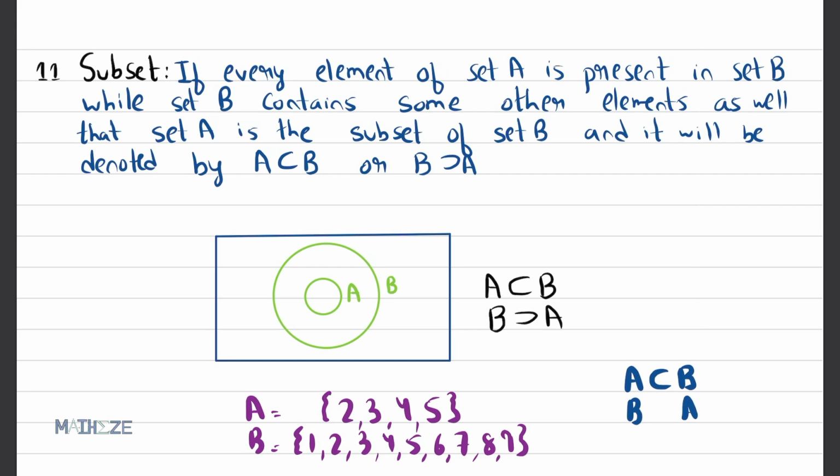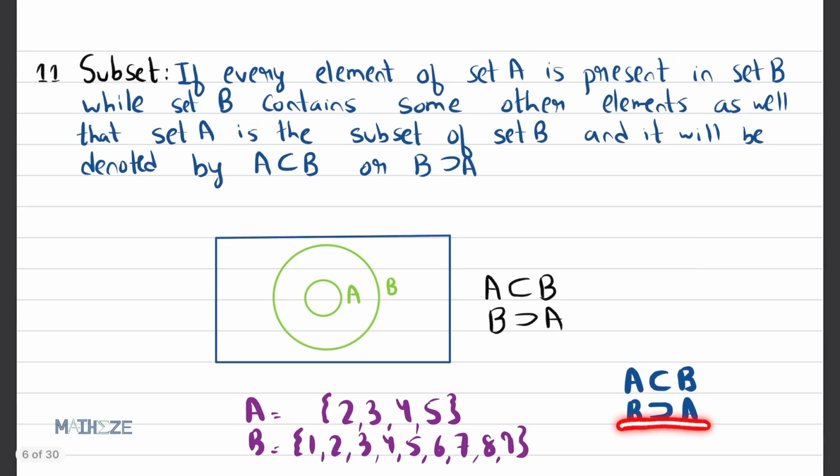We extracted A out of B. So the sign of subset will be towards B. Do you get this? This is the sign of subset. And this is the diagram of subset.